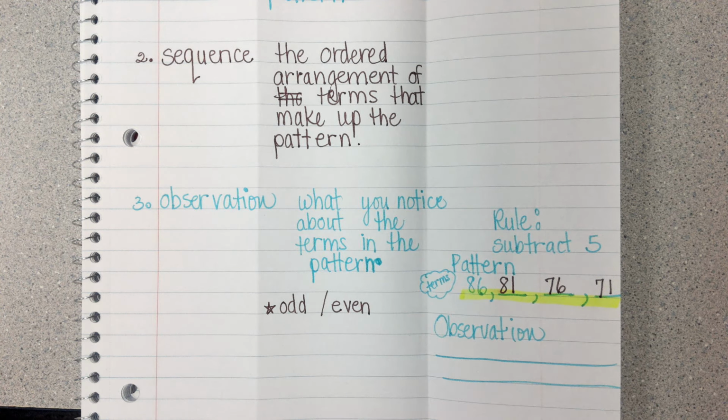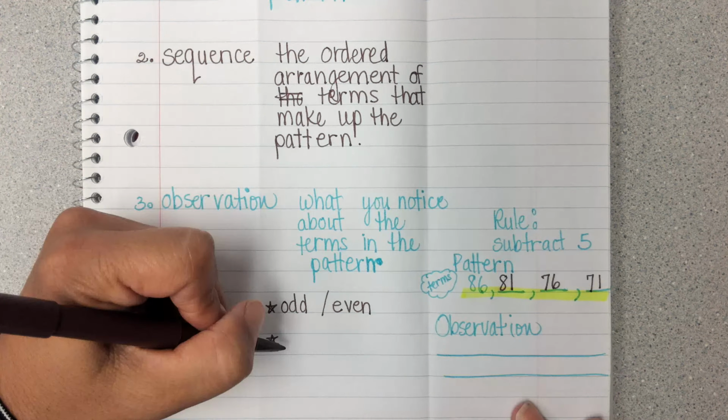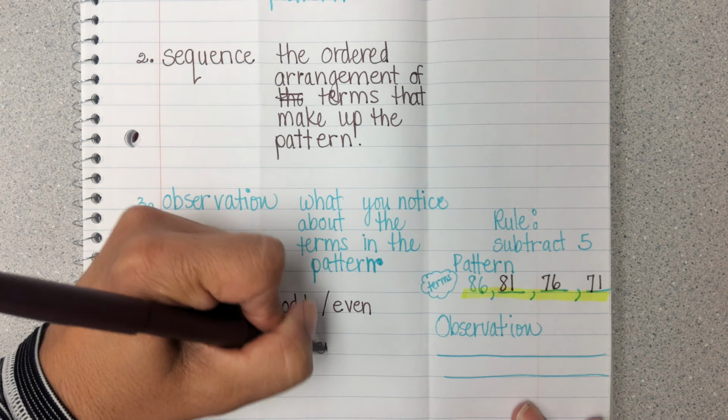Okay, another pattern you can make would be to name what the ones place is doing. So you would observe patterns in the ones place.